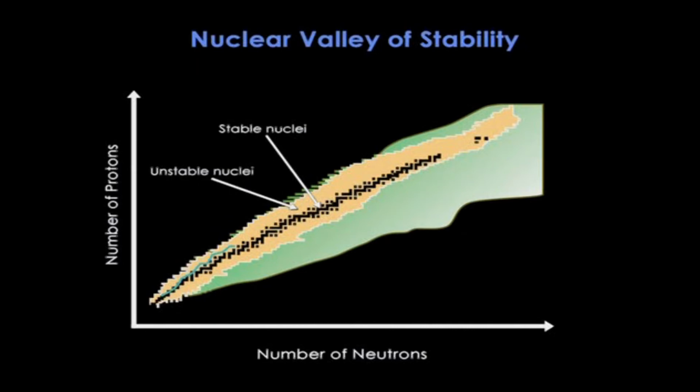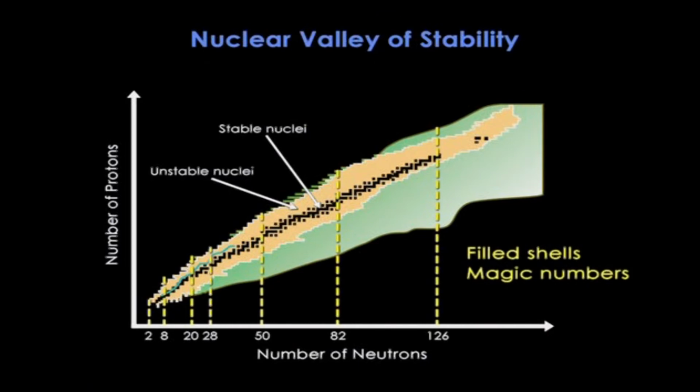To the right are neutron-rich nuclei that decay by spitting out electrons, moving back to the stable nuclei. In fact, you can understand why physicists call this the nuclear valley of stability. The stable nuclei lie along the valley floor, and the walls of the valley rise on either side. And naturally, nuclei tend to roll down the walls back to the valley floor.